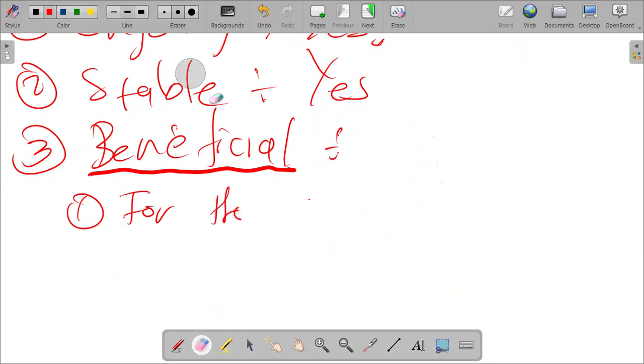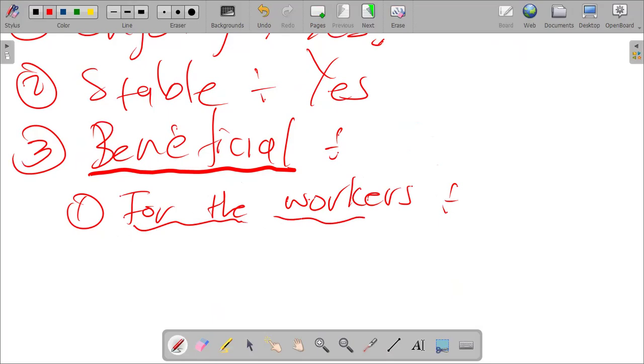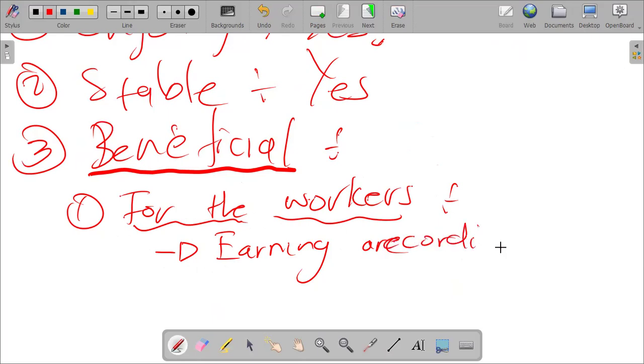Is it beneficial? Number one, for the workers. So would you say that workers are benefiting from working at the mines? Even though with the health conditions and how dangerous it might be, people are earning accordingly.